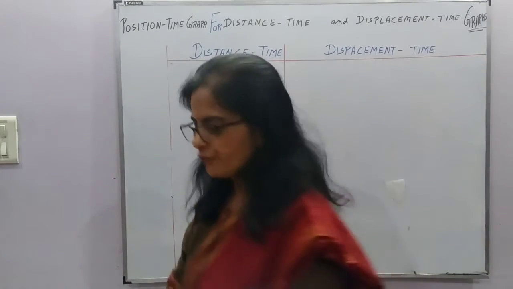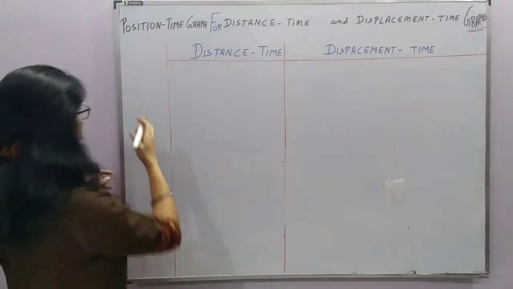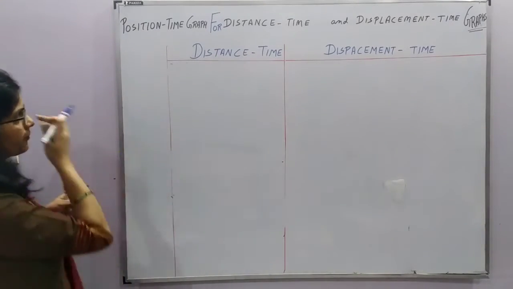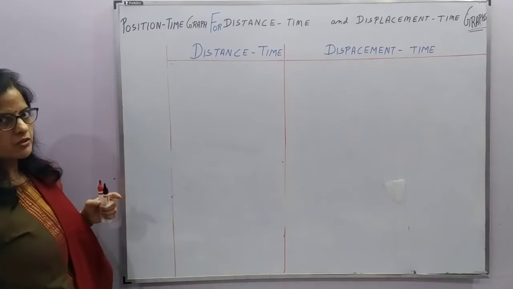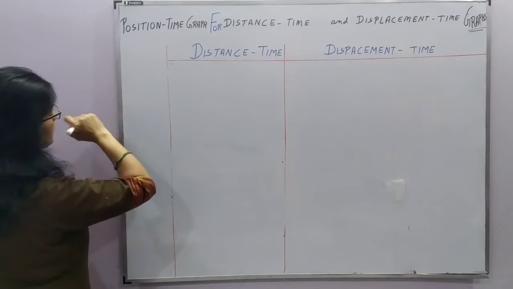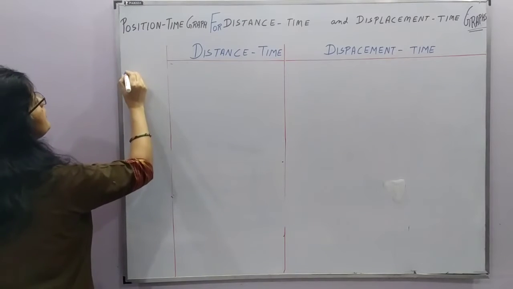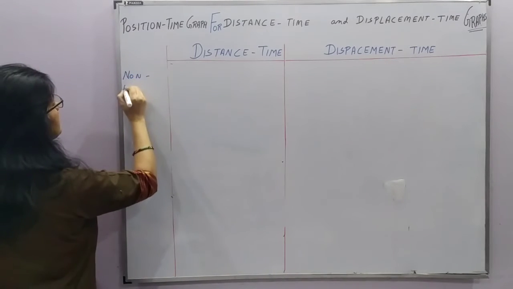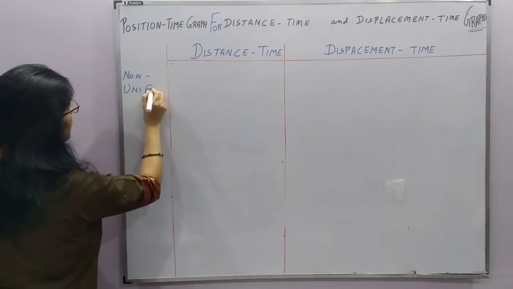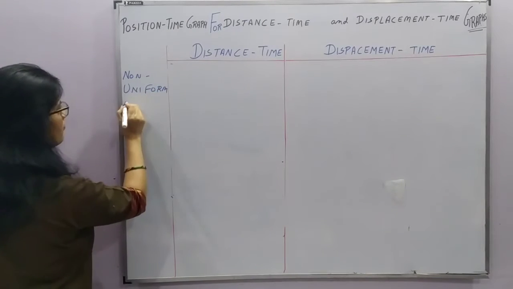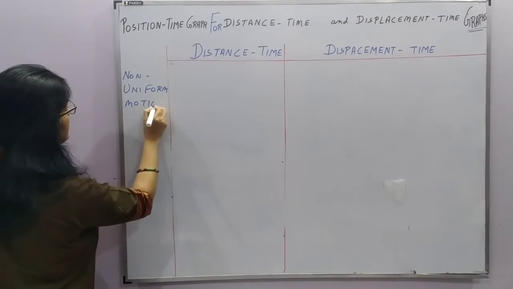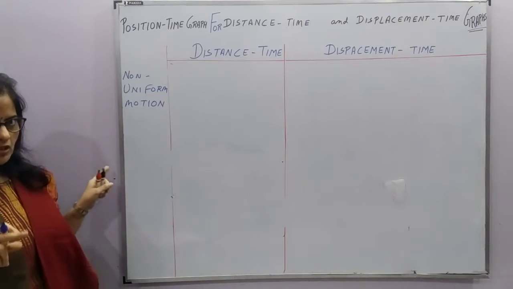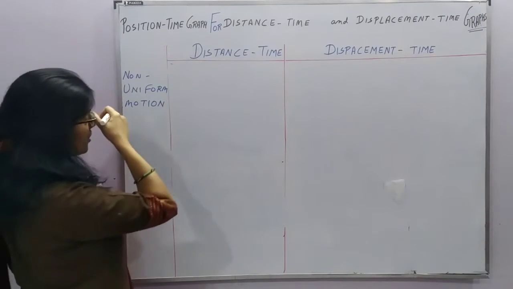So for non-uniform motion, we know that the position time graph will show different velocities or different speeds at different points. So first, if we consider non-uniform motion, that means the speed or the velocity is changing with time.